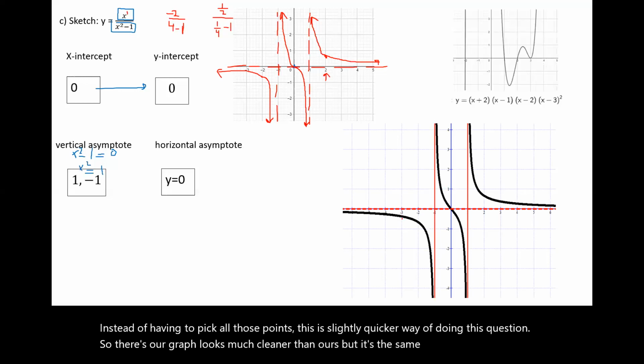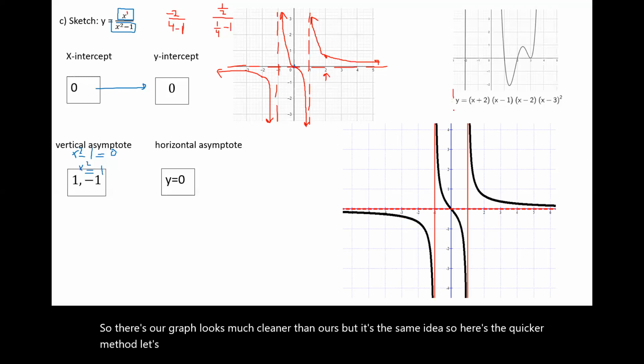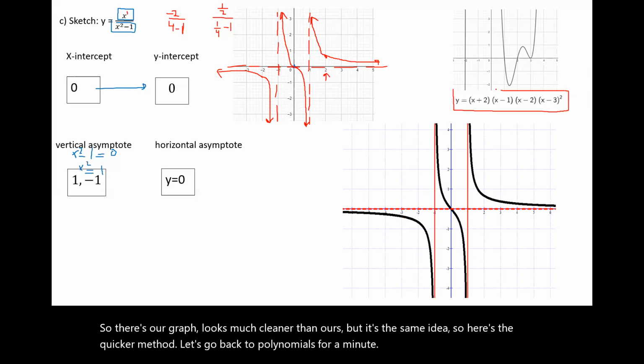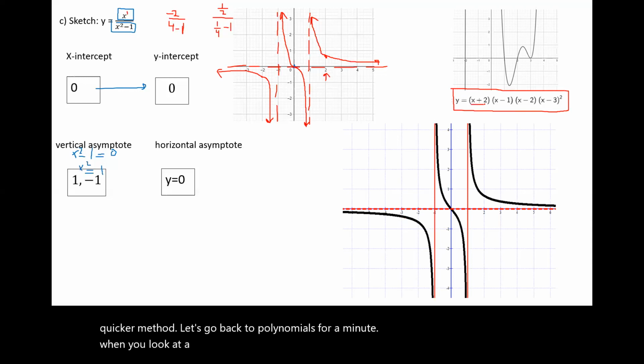So here's the quicker method. Let's go back to polynomials for a minute. When you look at a polynomial, what happens every time you reach an x-intercept? There's an x-intercept. There's an x-intercept. There's an x-intercept. We're going to deal with the 2 in a minute.